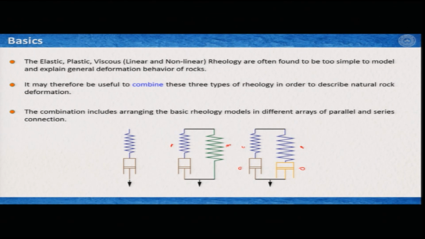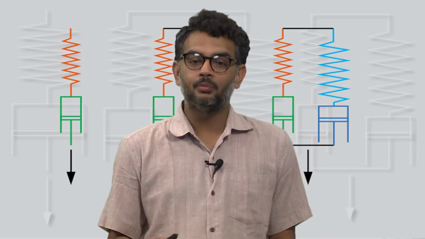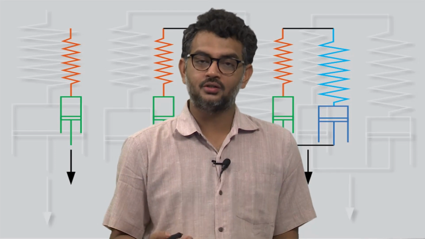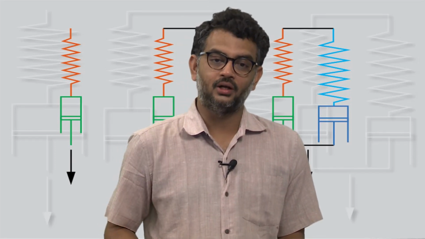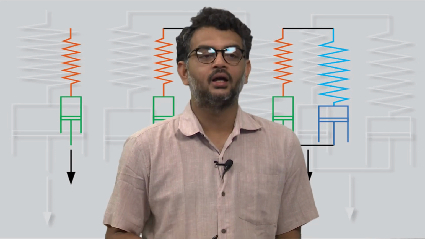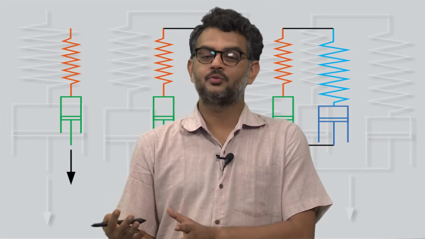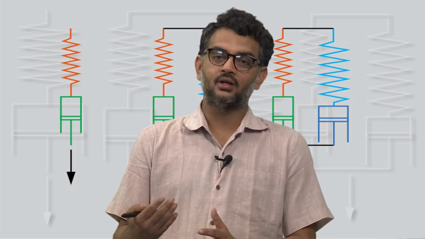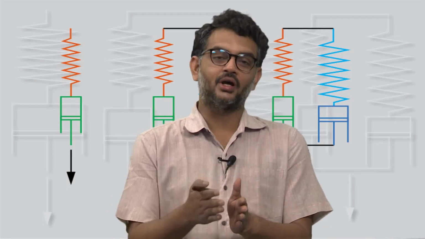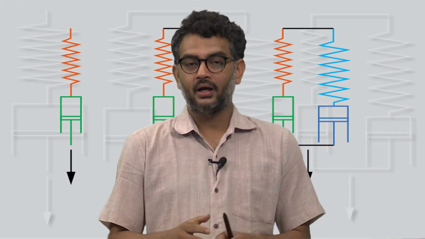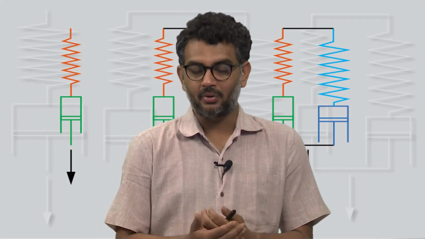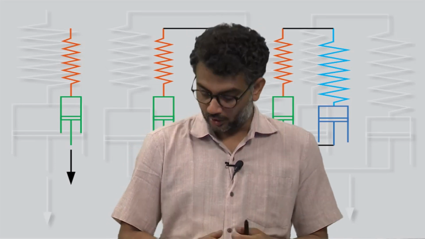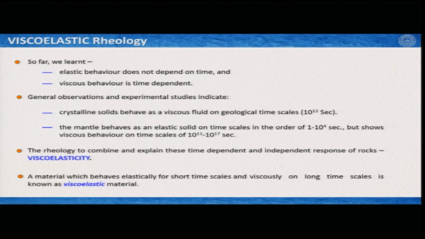What we are going to learn today are the very simple combinations in parallel and in series, particularly for viscoelastic rheologies, and then we will see what their stress-strain curve, stress versus time and strain versus time curves would be, and why these are important for better understanding the deformation of rocks. So, we start first with viscoelastic rheology.